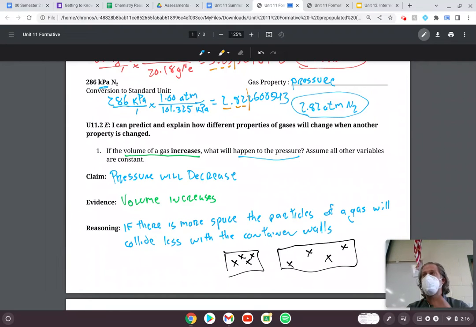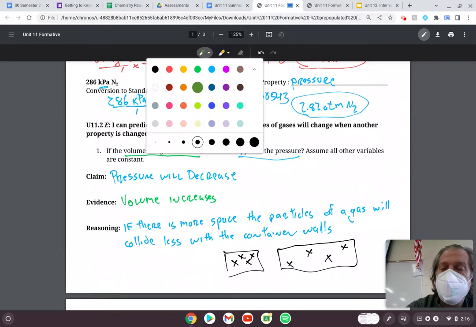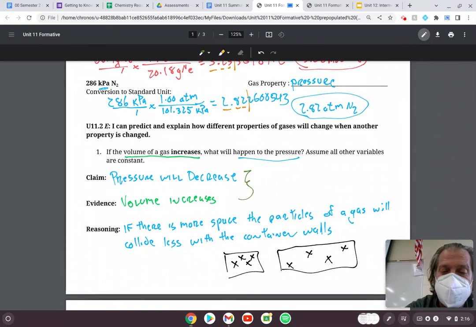Okay. So that's kind of what we're going to be looking at for an answer in that ballpark. Hopefully you can identify that this is an inverse relationship.